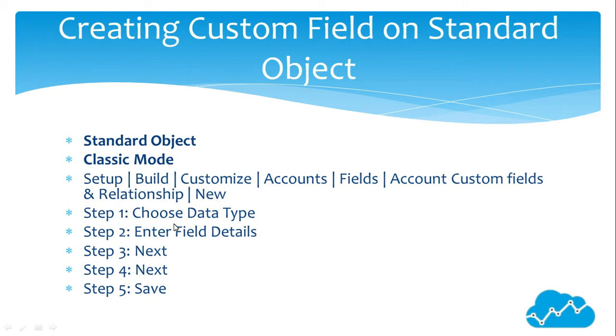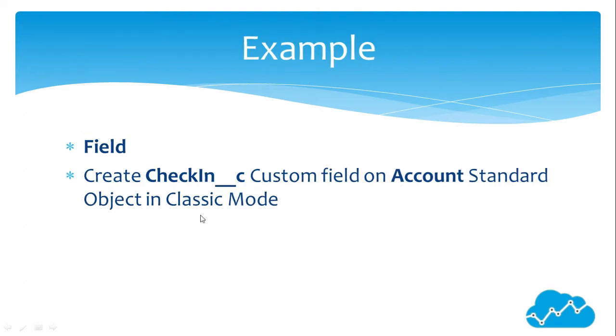In step 1, choose data type. Step 2, enter field details. Step 3, next. Step 4, next. Step 5, save. Example, create check-in underscore underscore C custom field on account standard object in classic mode. This we will see in our practical session.